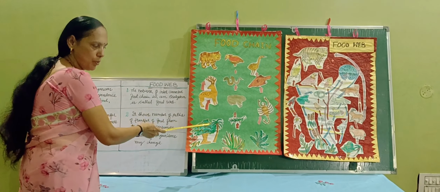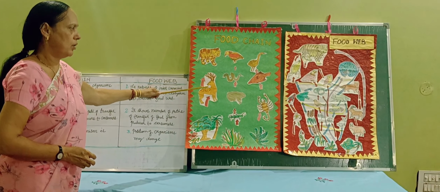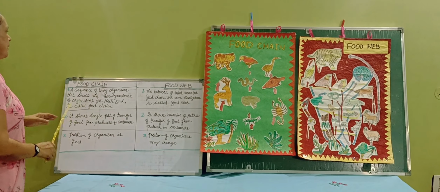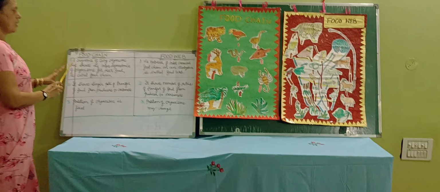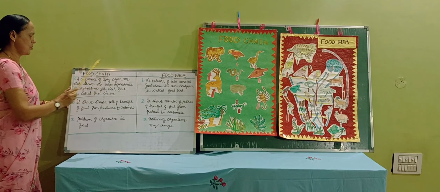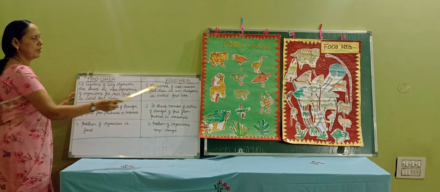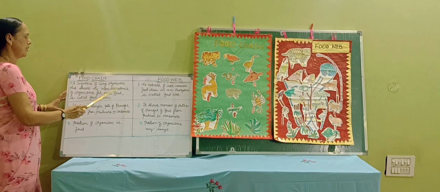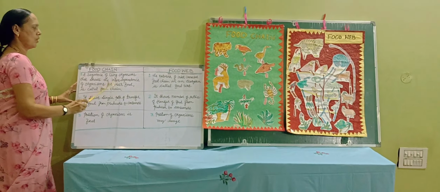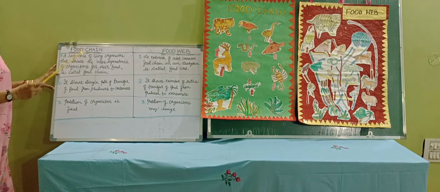Herbivores are dependent on the producer and carnivores are dependent on the herbivore. So the first point is that a sequence of living organisms that shows the interdependence of organisms for their food is called the food chain.